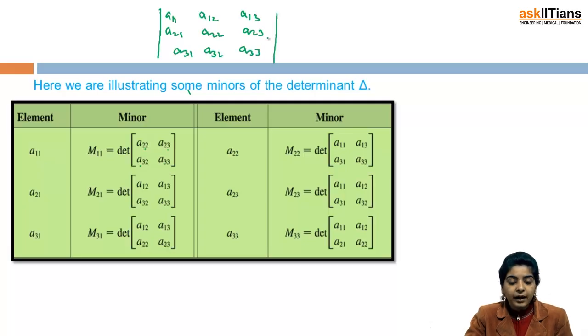So if I need to find the minor of A11, that would be equal to the determinant of A22, A23, A32, A33, because I'll exclude this column and this row, and the determinant of the resulting elements would be the minor of A11. Similarly, you can find the minors of A22, A23, A33, A21 and A31.